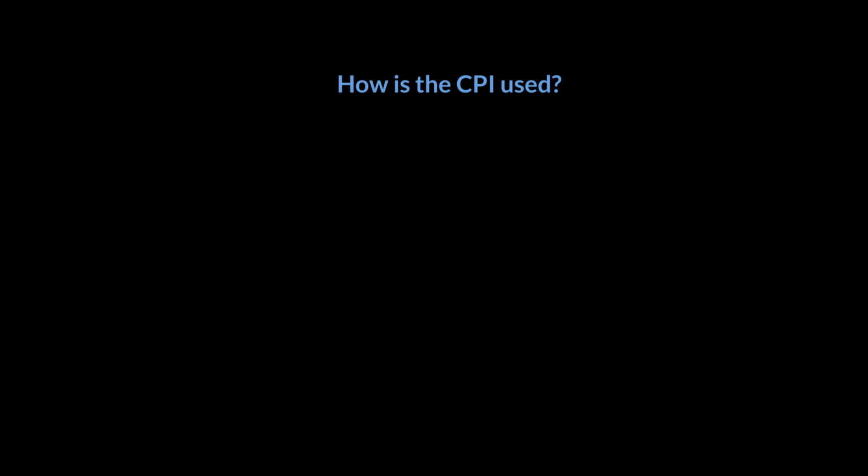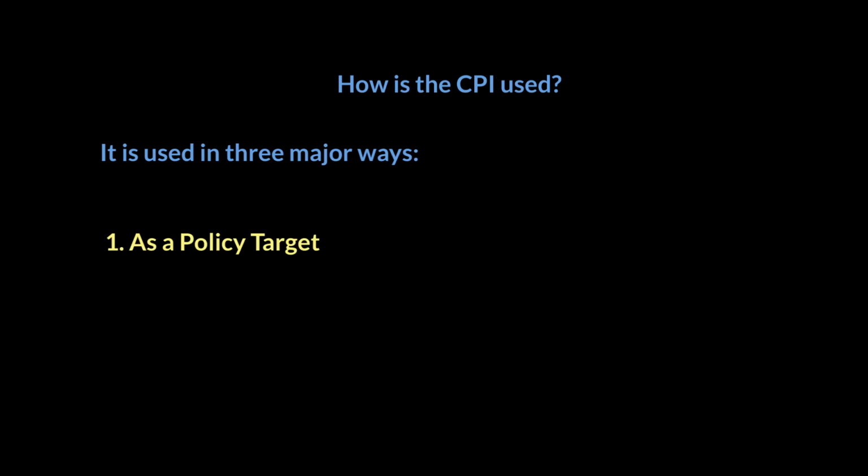Now, when we look at CPI, CPI is very useful and is one of the most important measures in terms of looking at the performance of an economy. It can be used in three major ways. Number one, we use it as what we call a policy target. Now, what do we mean by this?